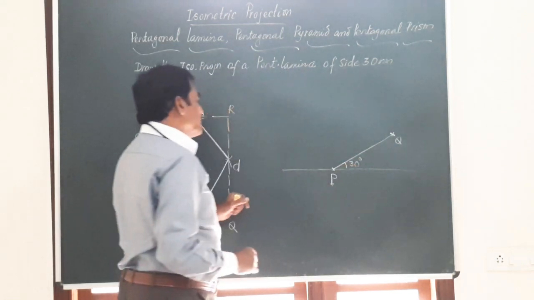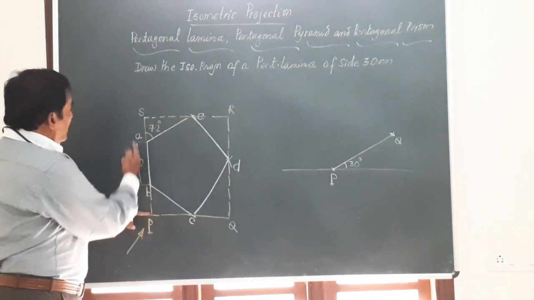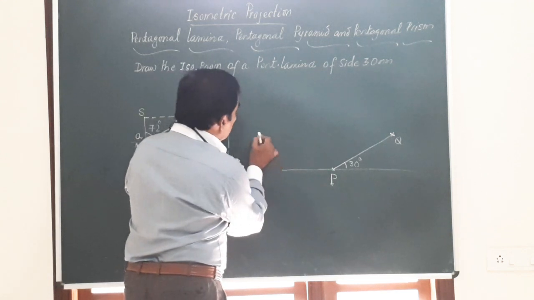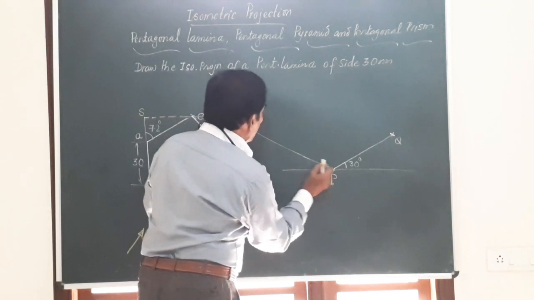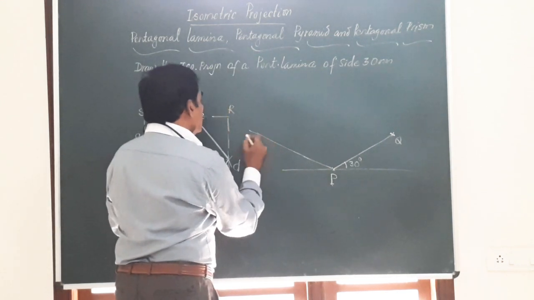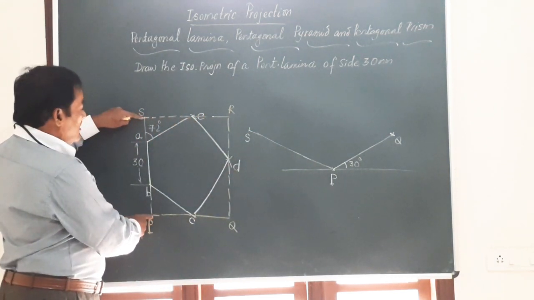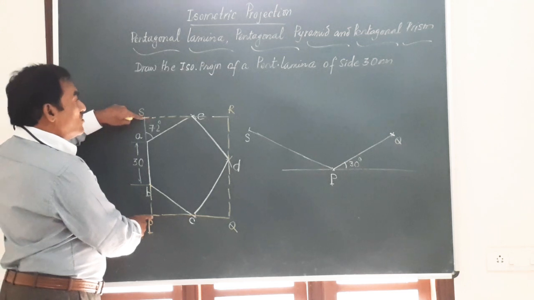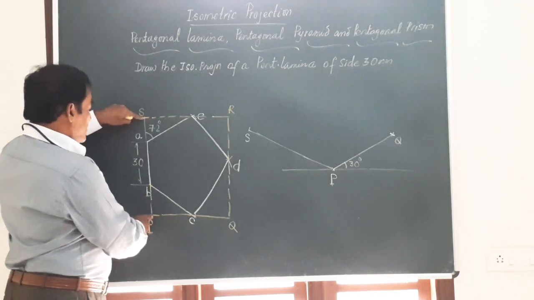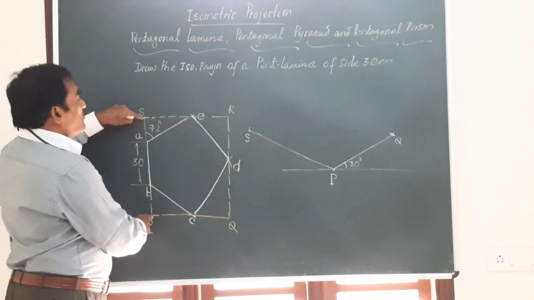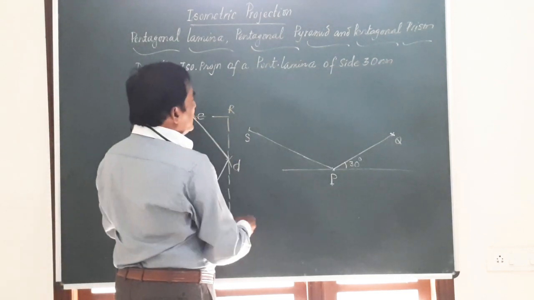Likewise, to the left of this P, you have got PS, a bigger length. I will mark this as PS, and whatever the length you got here is to be converted to isometric length and then drawn. Suppose this is 100, 100 into 0.815, that is 81.5, is going to be the length here.